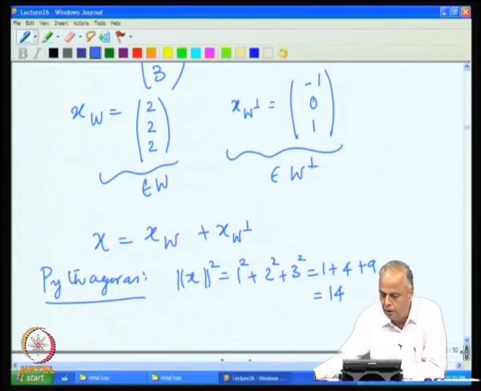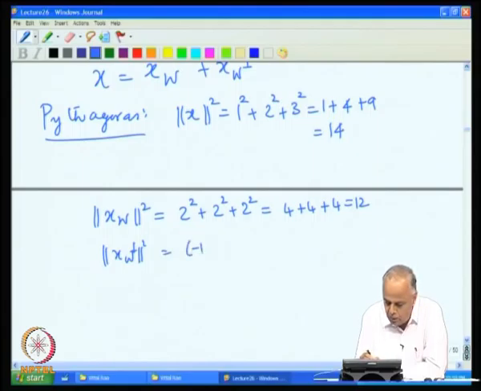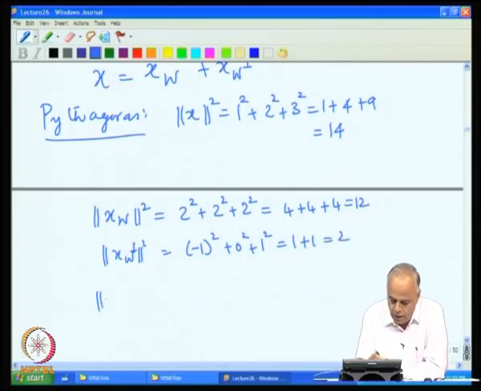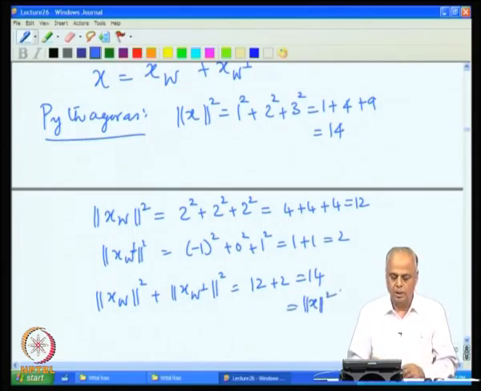The length of x_W perp squared is minus 1 squared plus 0 squared plus 1 squared, which is 1 plus 1, which is 2. Therefore, the length of x_W squared plus the length of x_W perp squared is equal to 12 plus 2, which is 14, which was the norm of x squared. This verifies the Pythagoras theorem.